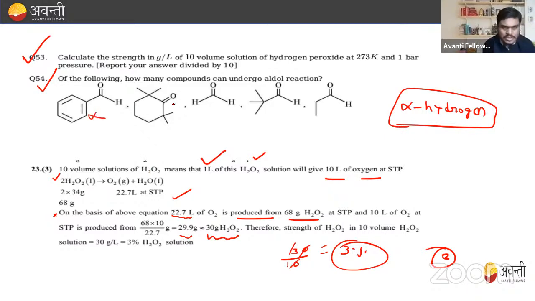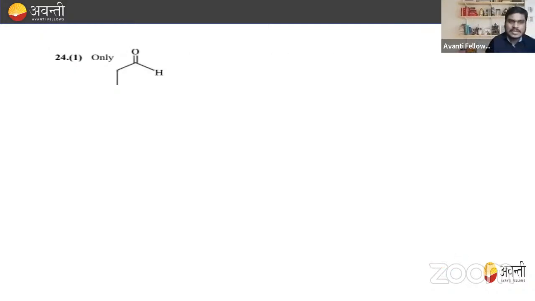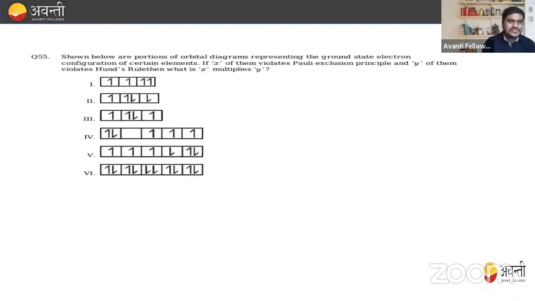This has none, this has none, this has none, this has none. This has, yeah, because this is the alpha carbon, right? So it has alpha hydrogen. CHO, so it has alpha hydrogen. So out of these, only option number 4 will undergo aldol condensation because it has alpha hydrogen, right? And it's a very simple question, right?